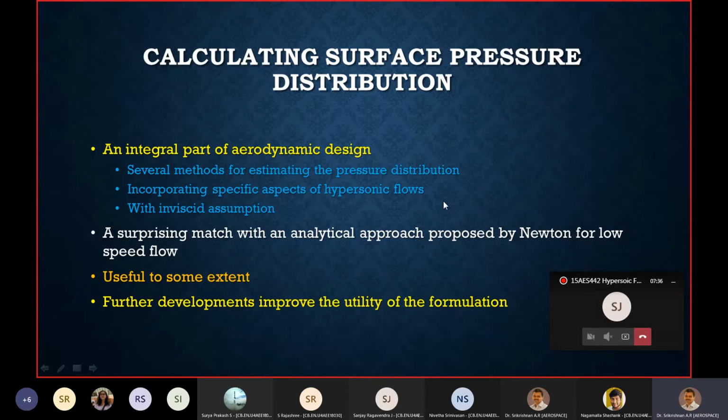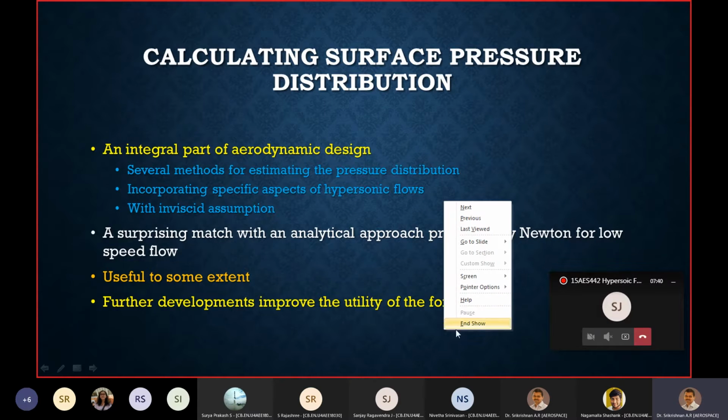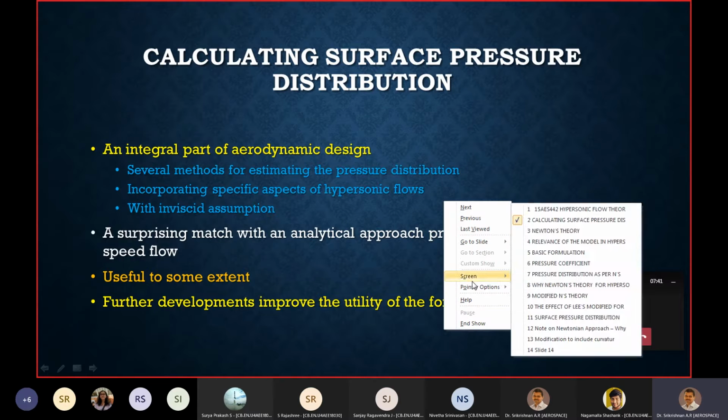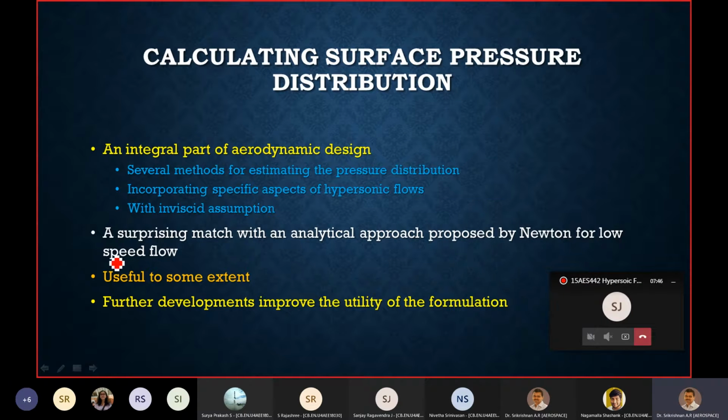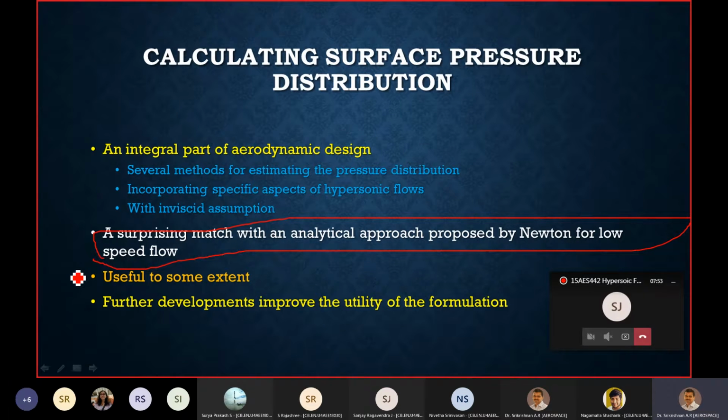As I mentioned, the match of Newton's theory with supersonic flow is a surprising combination, because I wouldn't think that Newton had even dreamt about any fluid flow higher than the velocity of sound.